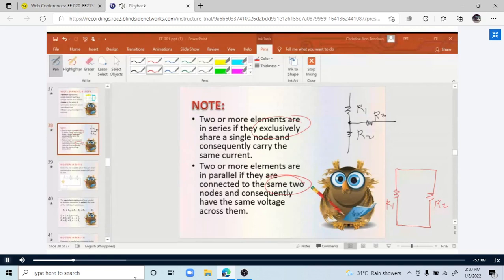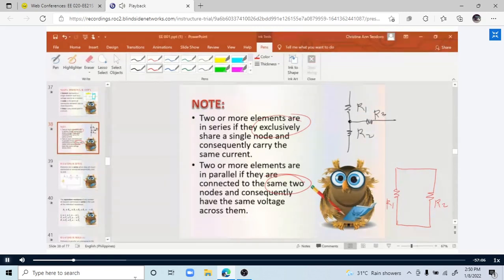Do we have just two? Basically, if we are going to label them corner by corner or by intersection, we have four, right? So we have this node, this node, and this node. But if we are going to name or label them, we have just two.